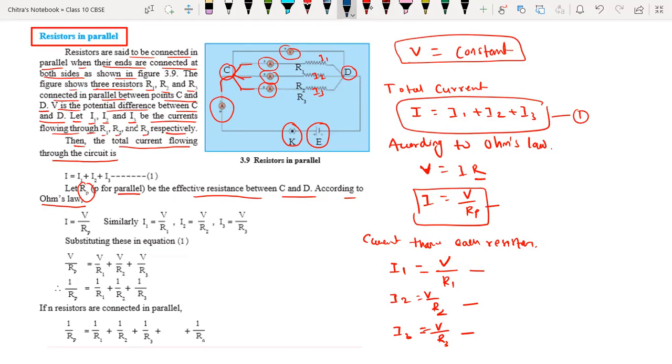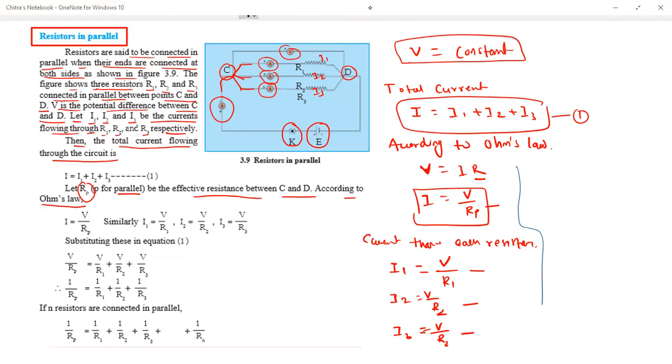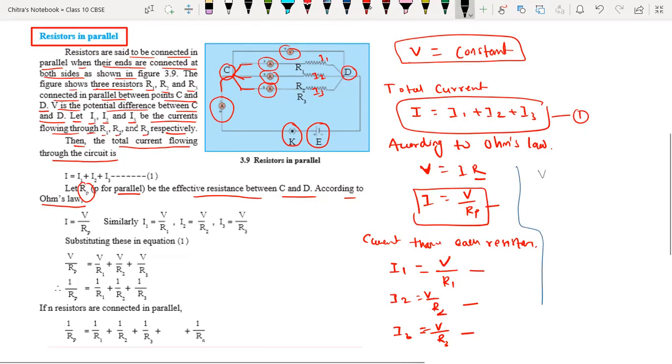I equals V, so it will be V divided by RP equals, now we have I1. What is I1? It is V divided by R1. So I'm writing here V divided by R1 plus V divided by R2 plus V divided by R3.